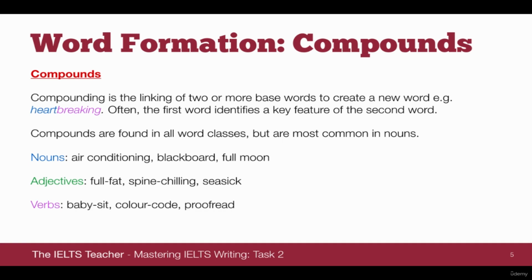Babysit, color code, proofread. Notice often with the verbs we're going to stress that first word. And adverbs, you've seen these ones before, but these are also adverbs created from compounding words together. Nevertheless, thereby, good-naturedly. So lots of different words we can create from compounding.